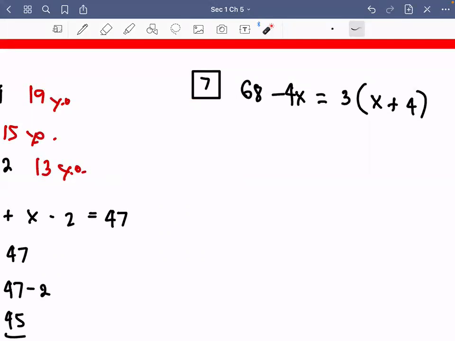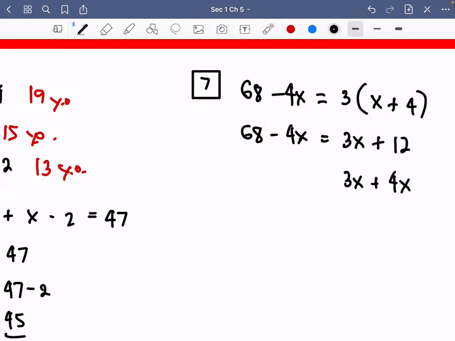So we get 68 minus 4x here. Then how do we get rid of the bracket? It becomes 3x plus 12, right? And then we solve for x. I'll transpose negative 4x to the right side, so it gives me positive 4x equals, bring down 68, transpose 12 to the left side, so it becomes minus 12.